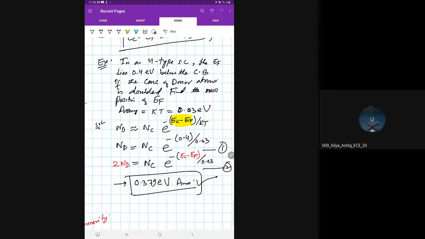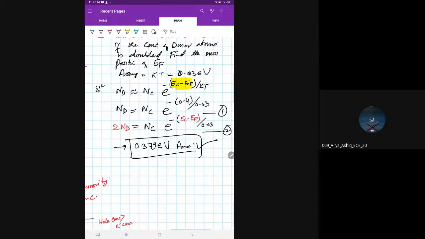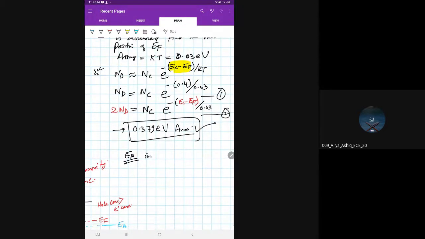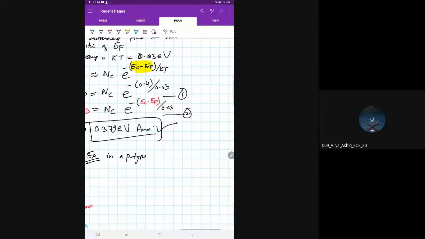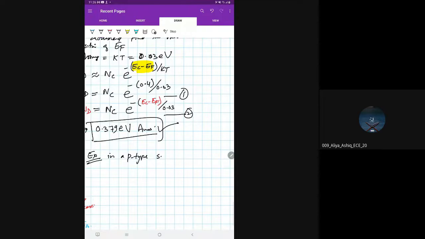Similarly, a third example, a similar example is also given. In a p-type semiconductor, the Fermi level lies 0.4 electron volt above the valence band.